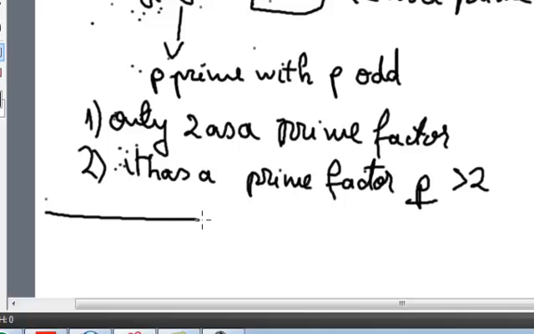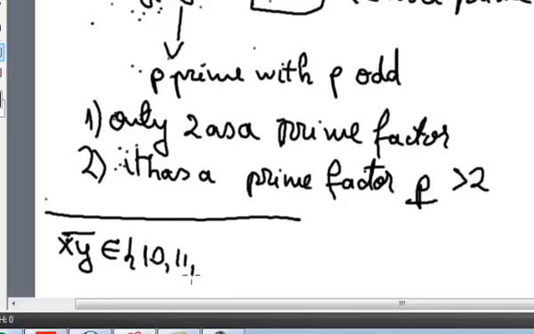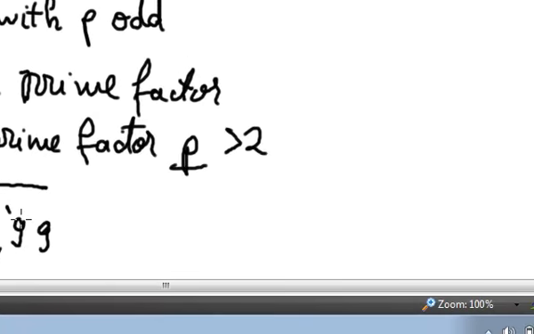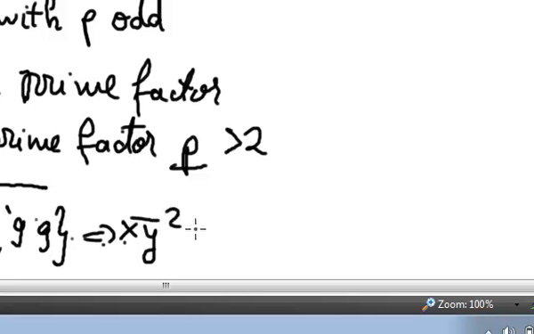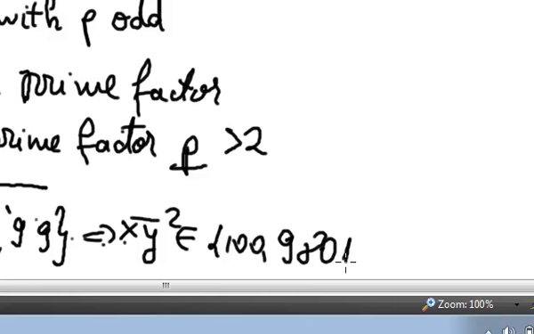We could try something else. Another method to solve this problem is to remark that xy belongs to the set 10, 11, 12, ..., 99. So (xy)^2 is between 100 and 9801.